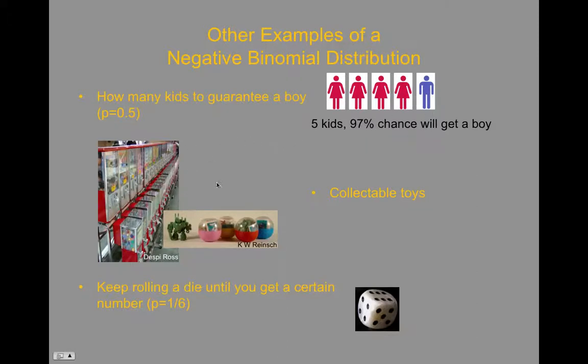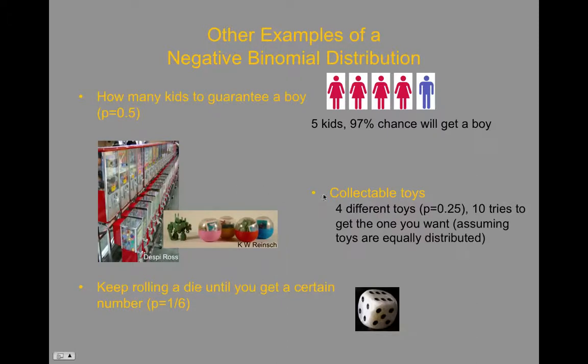Okay, what about these collectible toys? I don't know if you've seen these capsule machines where you can put money in and get these toys. What if you want to collect all of them? If there are 4 different toys and you want a certain toy, let's assume P equals 0.25.